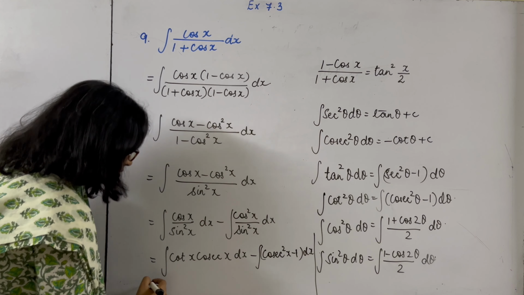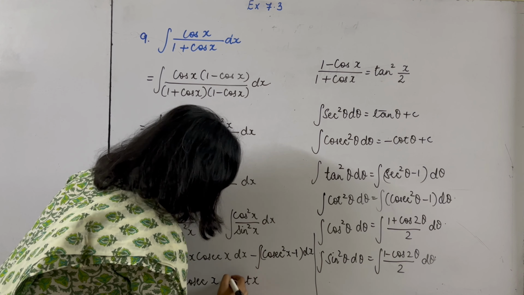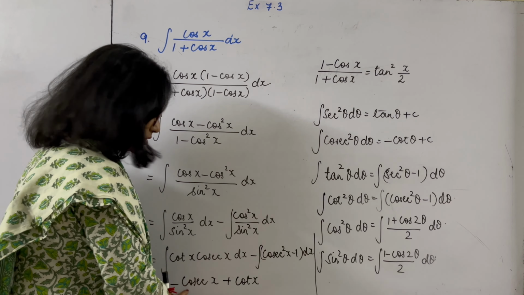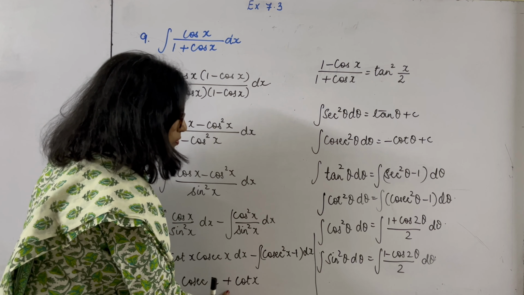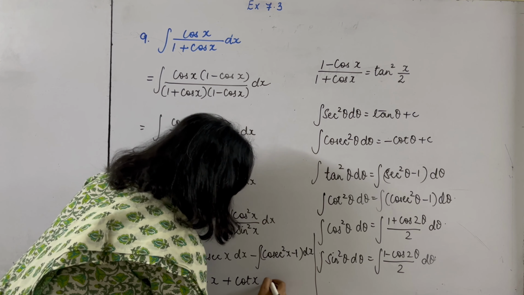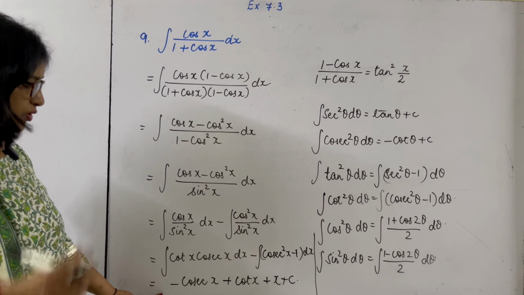Now integrate this. Integration of cot into cosec is minus cosec x. Cosec square x is minus cot x, so minus minus plus, and this also plus x. So that's your answer. This is one way of doing it.